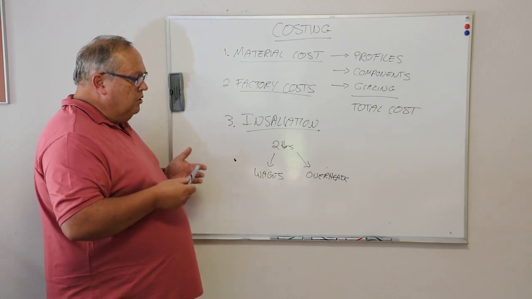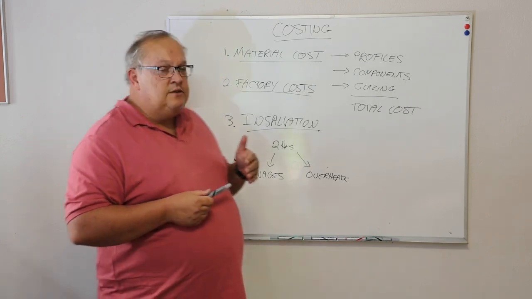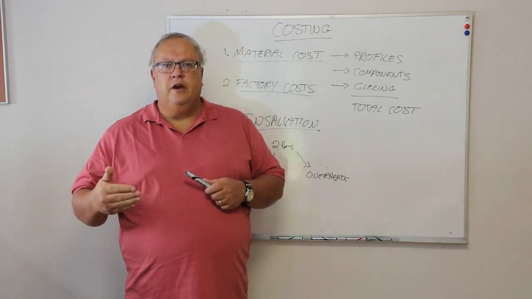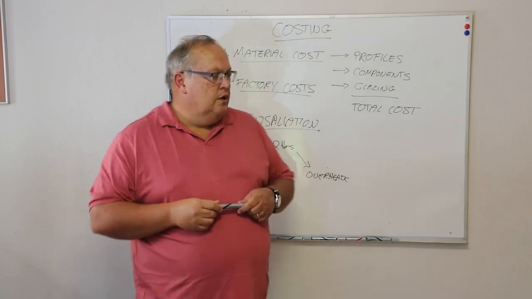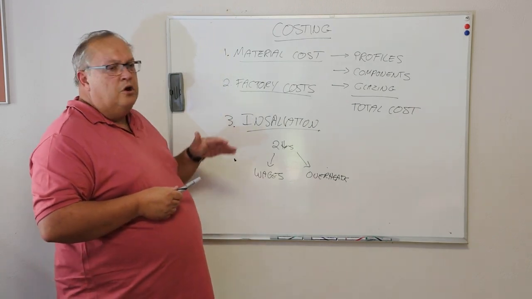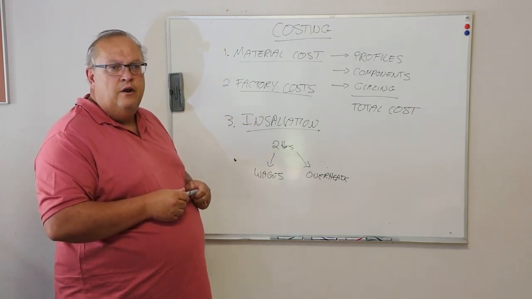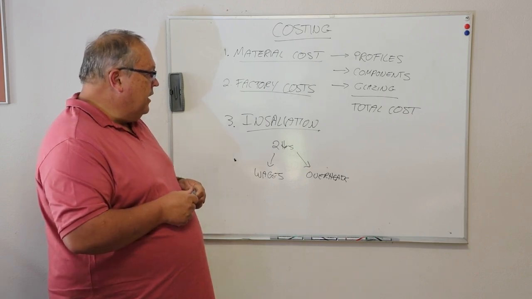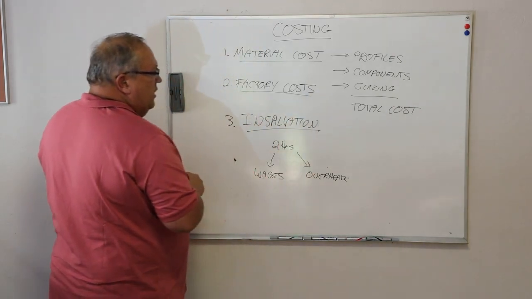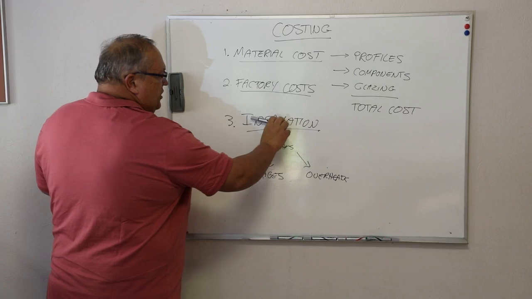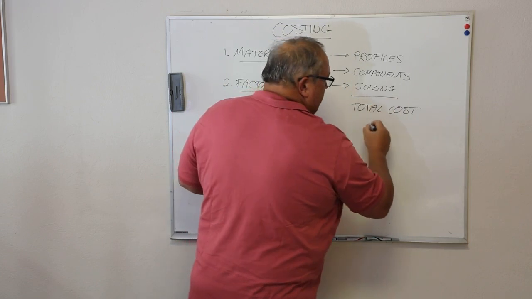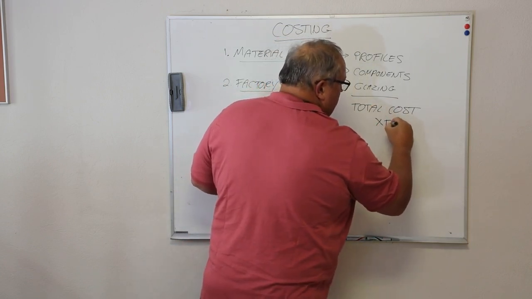You can also, if for example you are making use of an outside installation team, simply put in a flat rate figure for that installation. So if your installer quotes you 10,000 Rand to do the installation, on your costing screen you can go in and put that 10,000 Rand for the installation. So I think you'll see quite quickly that to work it out accurately, taking your factory and your installation costs into consideration, is a lot more difficult than taking my total costs and multiplying it by some factor.